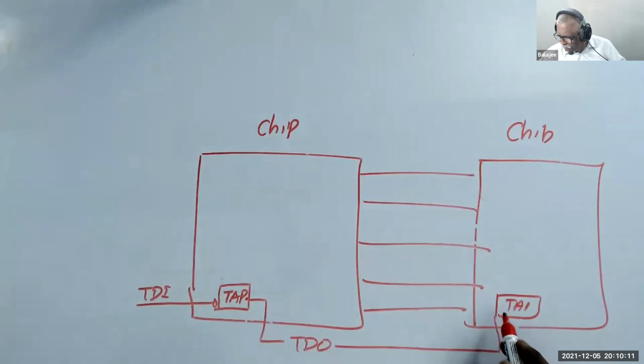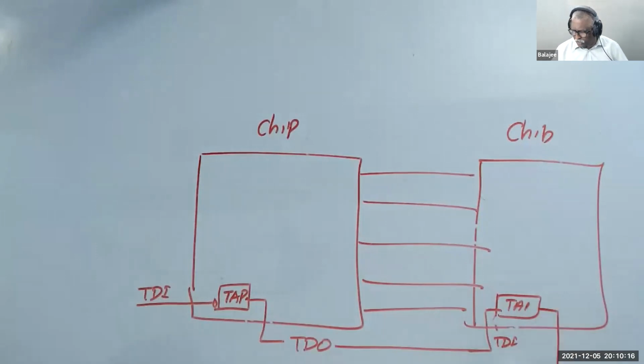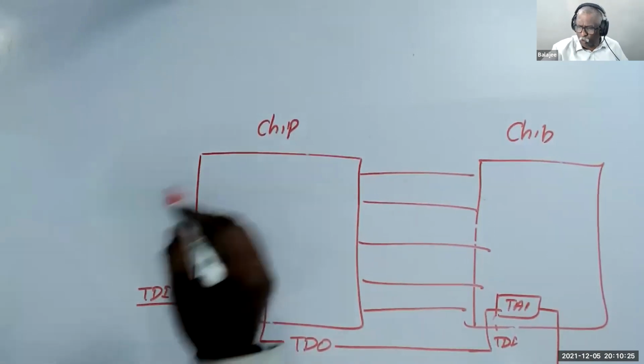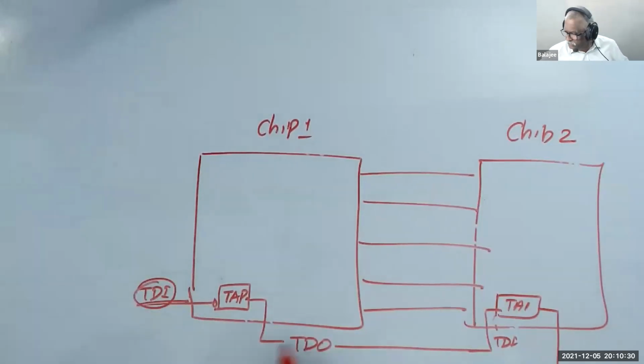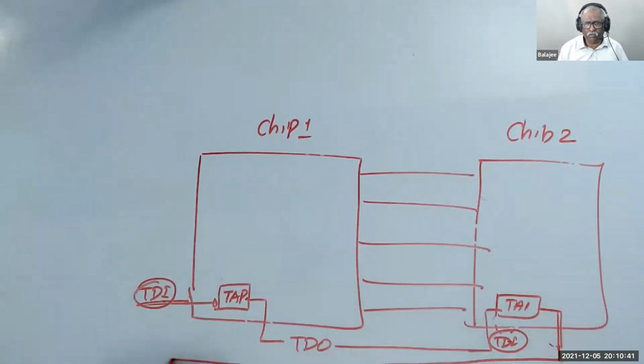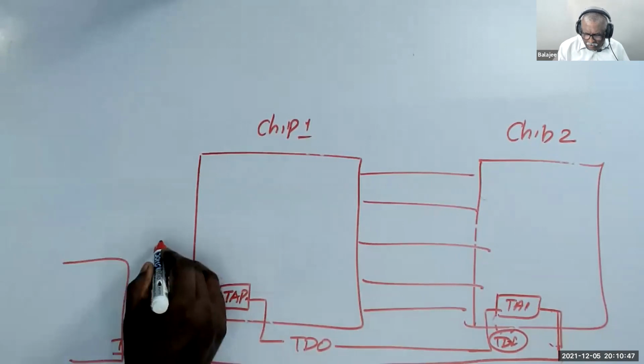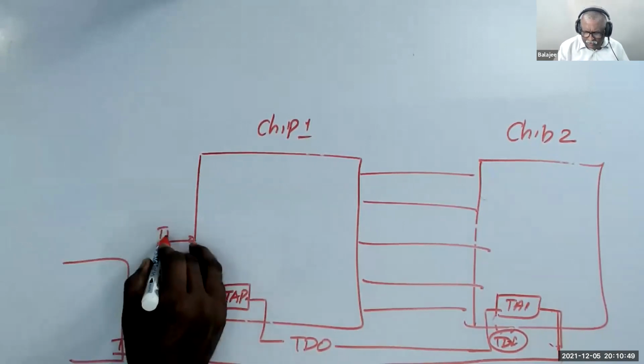That TDO goes to the TDI of the next chip, and the last TDO comes back to me directly. You understand now? So I connect two chips, chip 1 and chip 2. Chip 1 has an input called TDI, and chip 2 also has an input called TDI. I connect the TDO of one to the TDI of the other, and the final TDO will come to me directly. Now, there are two more interfaces called TMS and TCK.